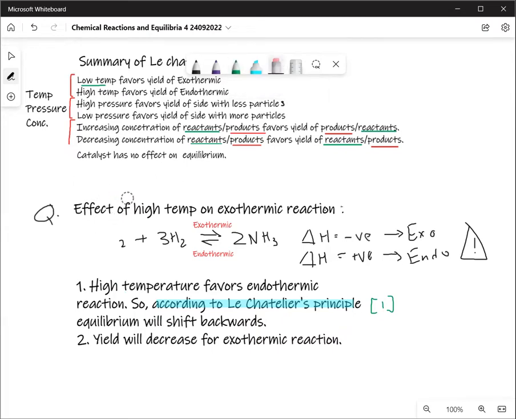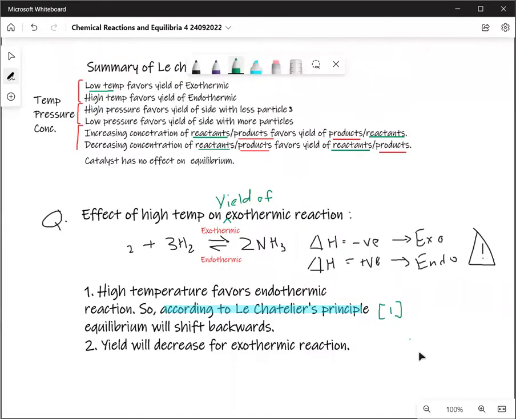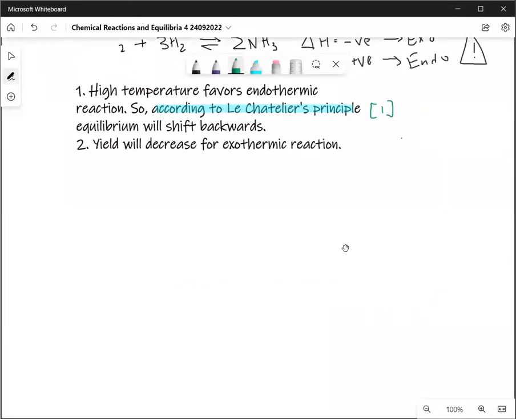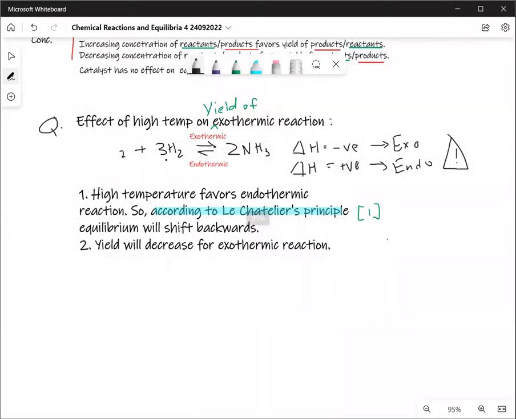Effect of higher temperature on yield of ammonia. Done, sir. Done. All right. I'm going to give you another practice question before we get back to the past papers.